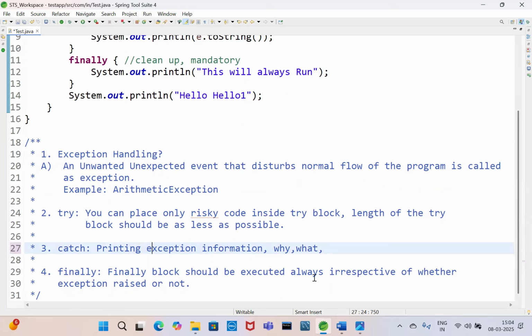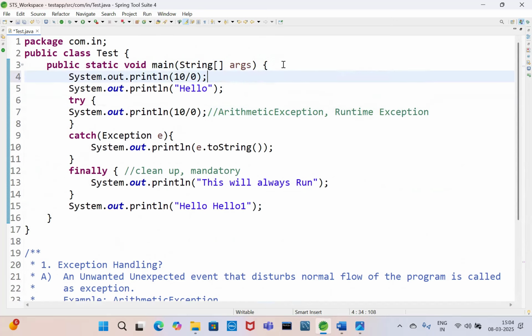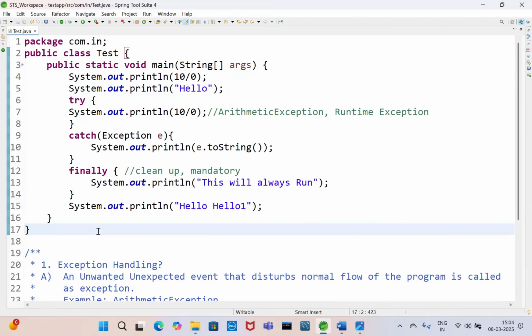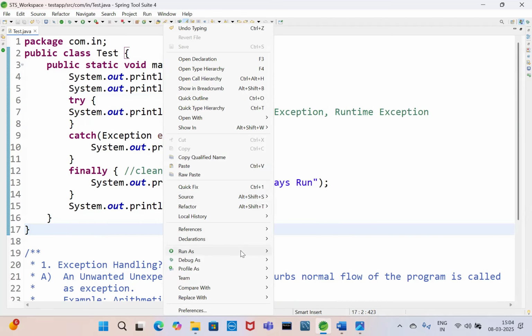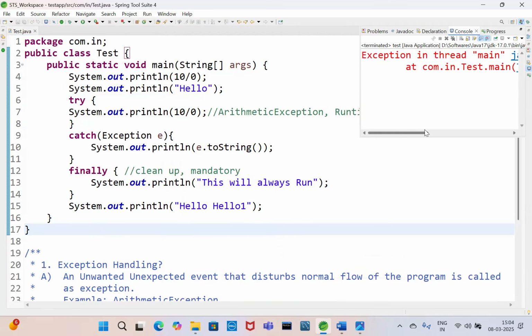The finally block should be executed always, irrespective of whether exception is raised or not. So even though exception is raised, the finally block should be executed. Let's see, I will place this before the fourth line. Here exception will be raised, and the remaining will be terminated, right? Let's see what happened. Arithmetic exception.